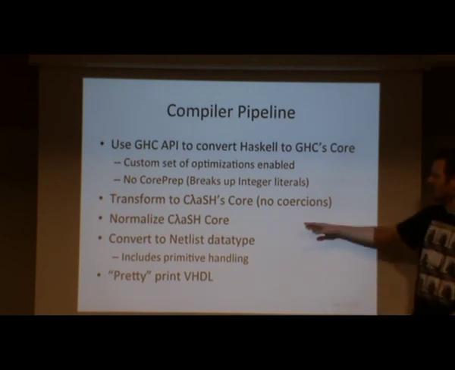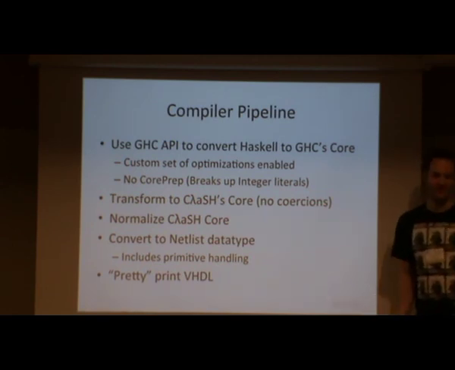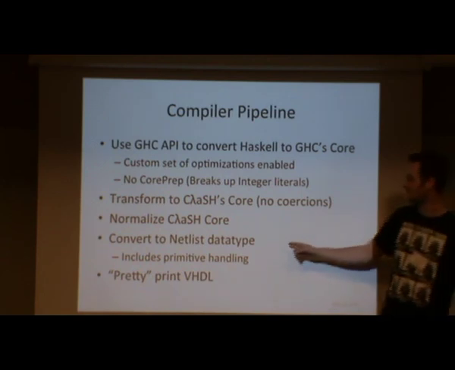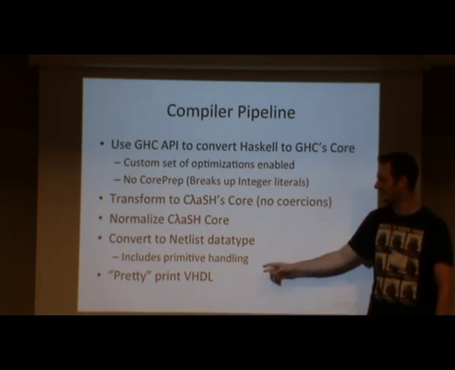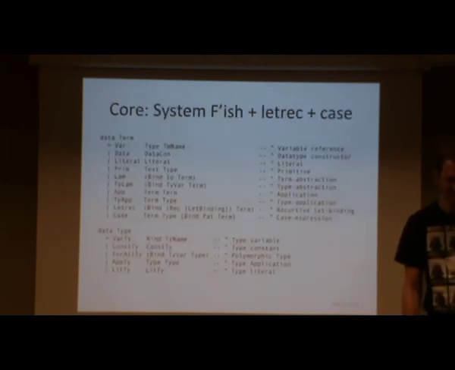Then we normalize the core, which I'll talk about. Once it's in its normal form, it's almost trivial to convert it to a netlist, and then we pretty-print the VHDL to file. That's a sort of global overview of the compiler.